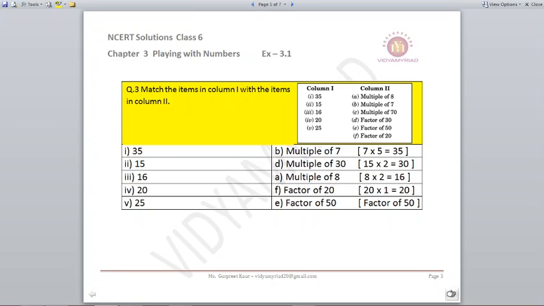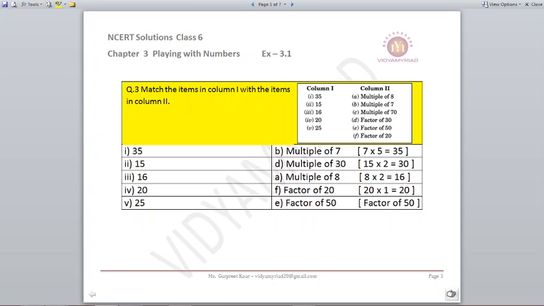I know 35 is 5 7s are 35. So I can write it as a multiple of 7. It comes in the table of 7. 15 is a multiple of 30. Why? Because 15 2s are 30. 16 is a multiple of 8 because 8 2s are 16. These are coming in their tables. So it becomes the multiple.